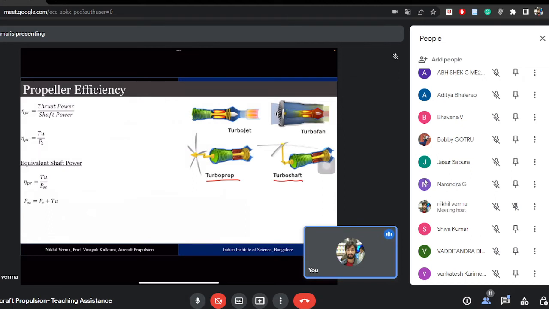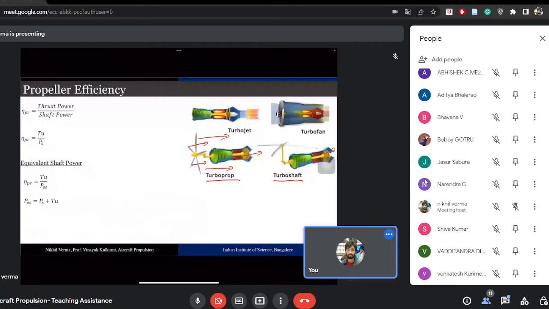In a turbofan, the velocity of the jet after the propeller is in the direction of the aircraft, whereas in a turboshaft it is perpendicular, and a small amount of exhaust thrust is also utilized to create thrust in these types of engines.